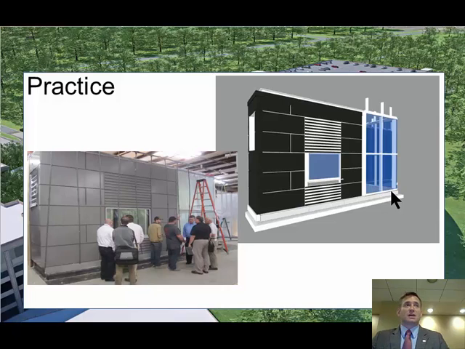But by the second or third time through, it should be exceptionally profitable. So when you go out there and you're in companies and you're promoting BIM, you're promoting lean changes, don't be going out there saying we need a whole bunch of money to do it. Figure out how to do it more efficiently with the tools that are in place. So I'll throw that in there as a bonus.